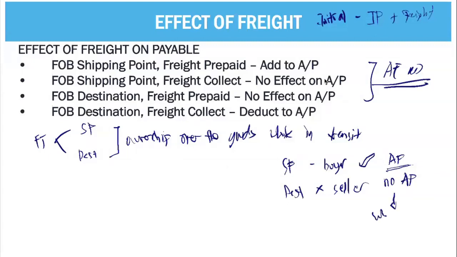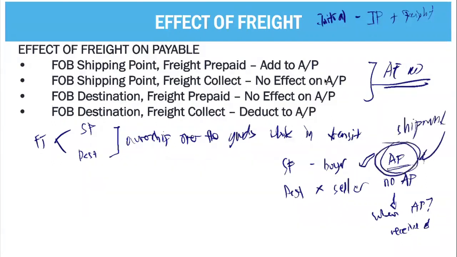So the question is, when is there an accounts payable? Only when it is already received. Okay, take note. In shipping point, upon shipment, there is already an accounts payable. In destination, you will only record accounts payable when received. Okay, shipping point upon shipment, destination when received.